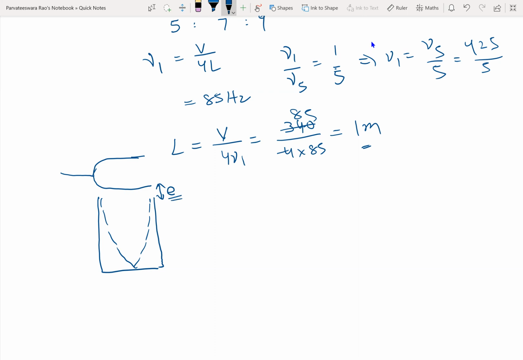Hence, the length of the pipe should be corrected. The fundamental frequency nu in a one end closed pipe is given by V by 4 into L plus 0.6 R. So this end correction will be 0.6 times the radius of the pipe.